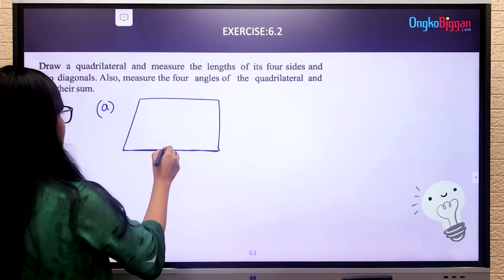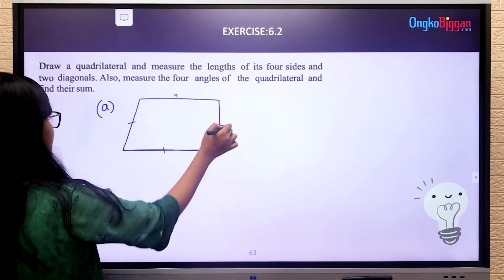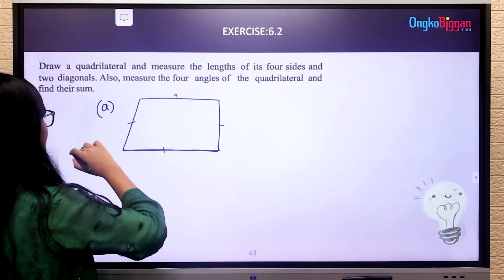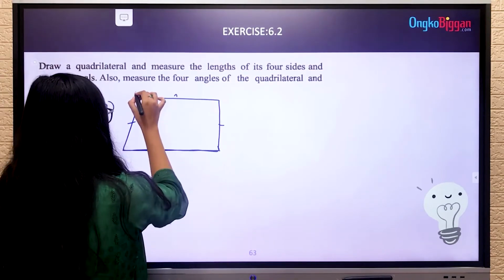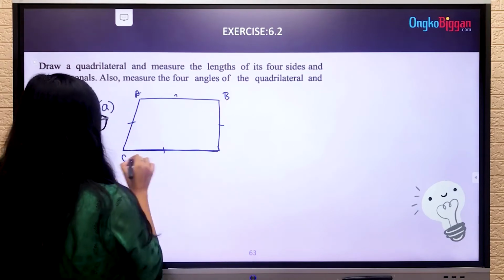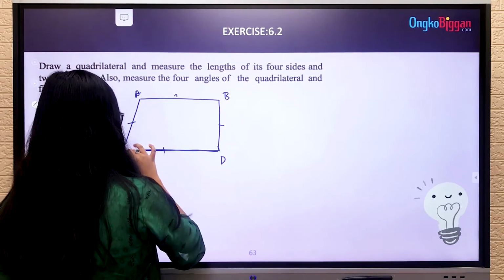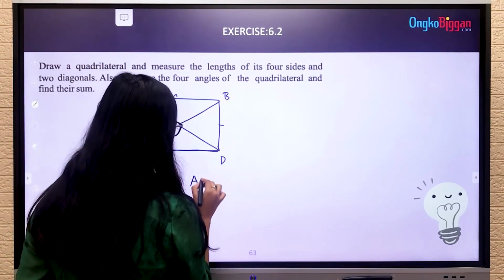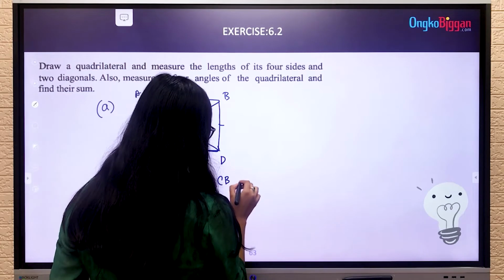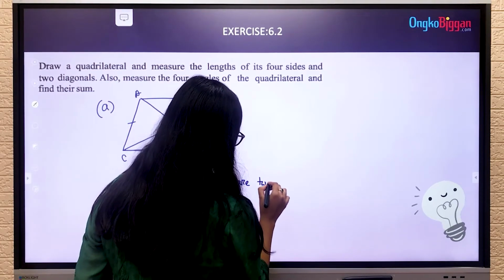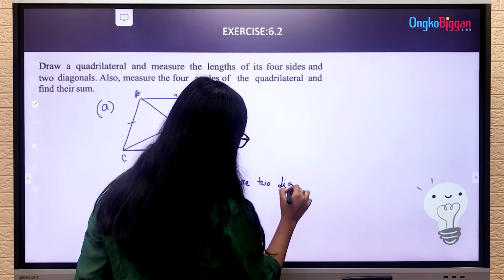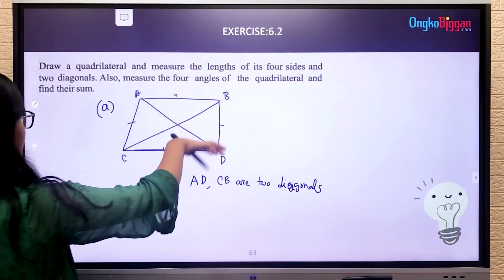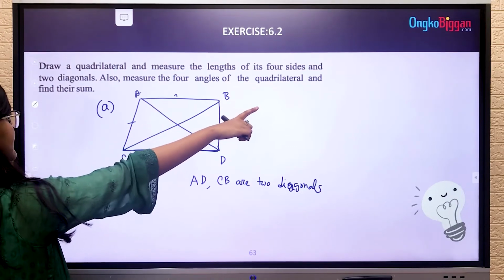Then you will measure the lengths of this side, this side, this side with the help of the scale, and you will also find the length of the 2 diagonals. Diagonals are drawn by connecting the opposite vertices, like this to this, this to this. So AC and BD are the two diagonals.